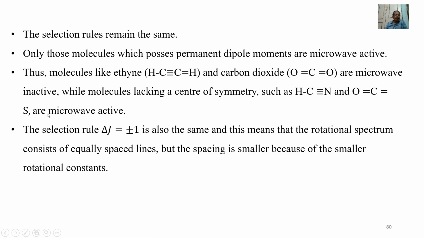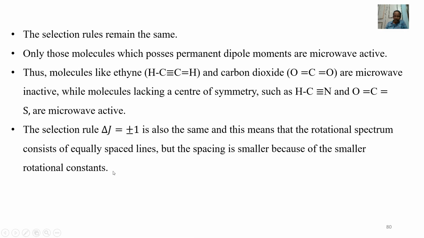The selection rule del J equals plus or minus 1 is also the same, and this means that the rotational spectrum consists of equally spaced lines, but the spacing is smaller because of the smaller rotational constants.